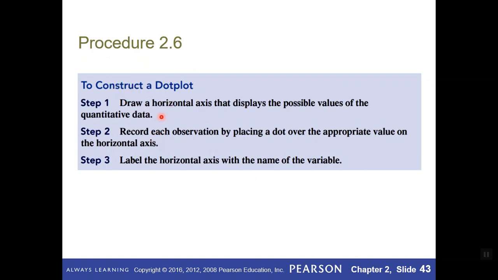To construct dot plots, draw a horizontal axis that displays the possible values of the quantitative data. Then mention all the possible values there. Then record each observation by placing a dot over the appropriate value on the horizontal axis. Finally, label the horizontal axis.